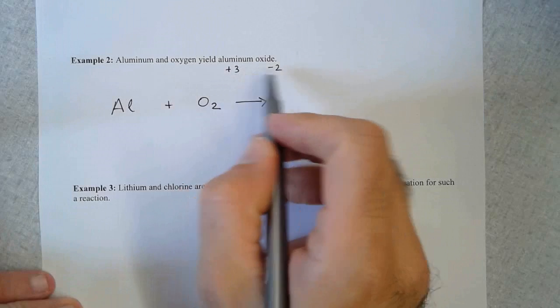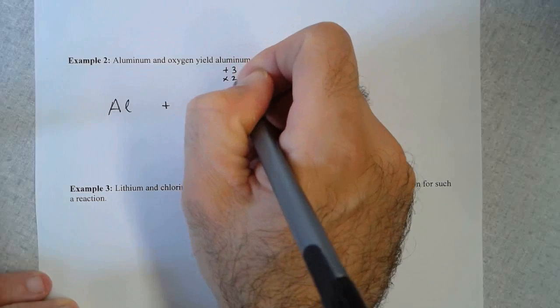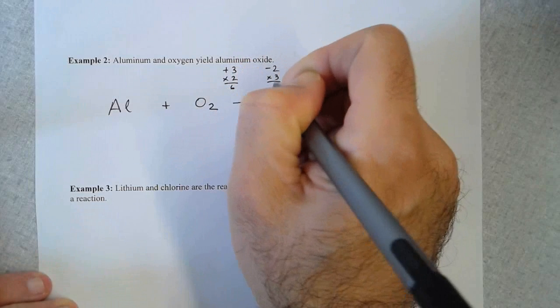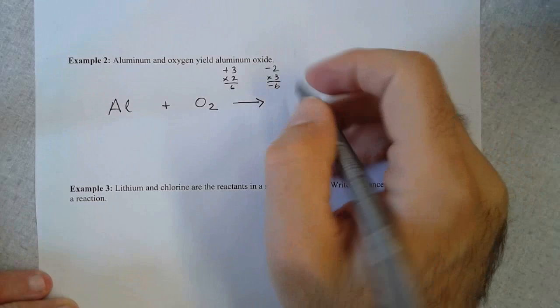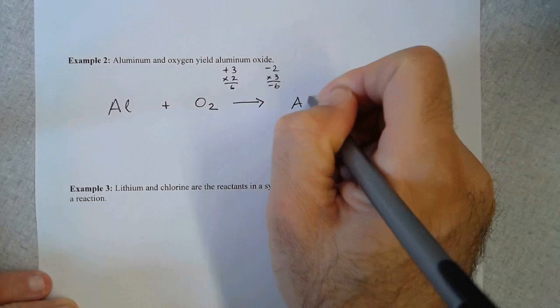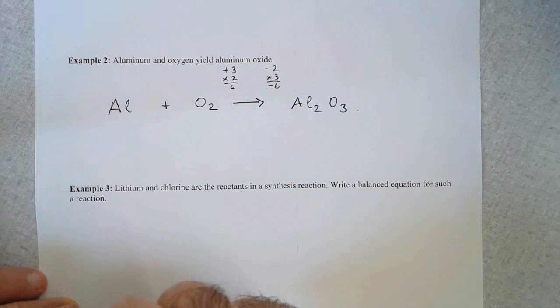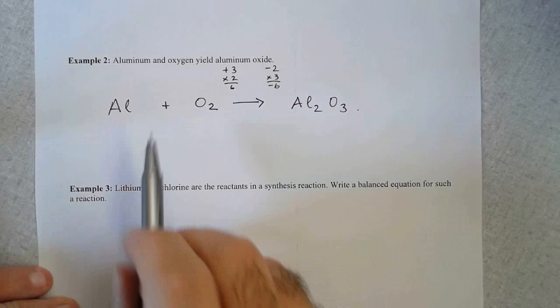The lowest common multiple between 3 and 2 is 6. So we need 2 aluminums and we need 3 oxygens. Our product is going to look like Al2O3. Let's now balance this equation, since clearly it's not balanced.